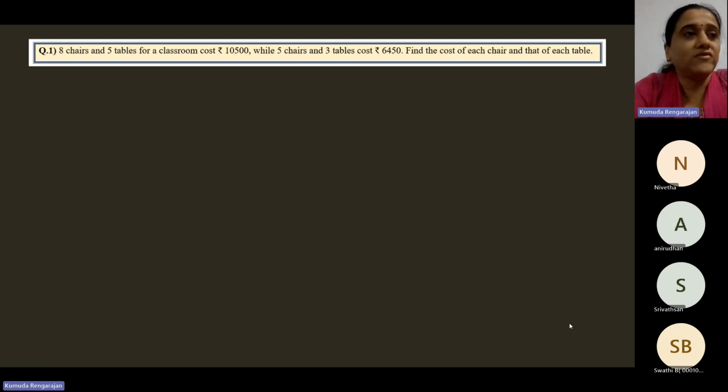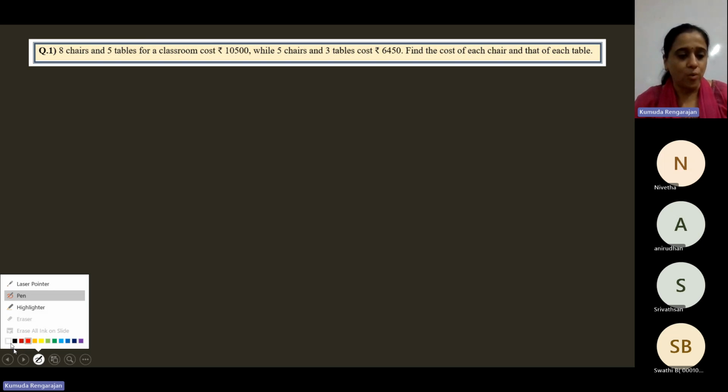8 chairs and 5 tables for a classroom cost rupees 10,500, while 5 chairs and 3 tables cost rupees 6,450. Find the cost of each chair and that of each table. Okay. So you need to find the cost of one chair and one table.